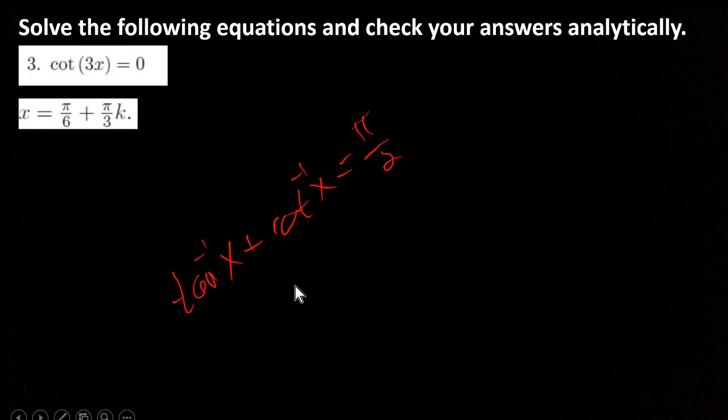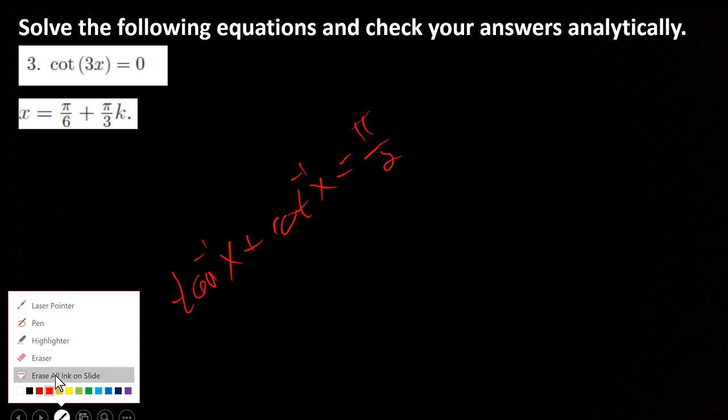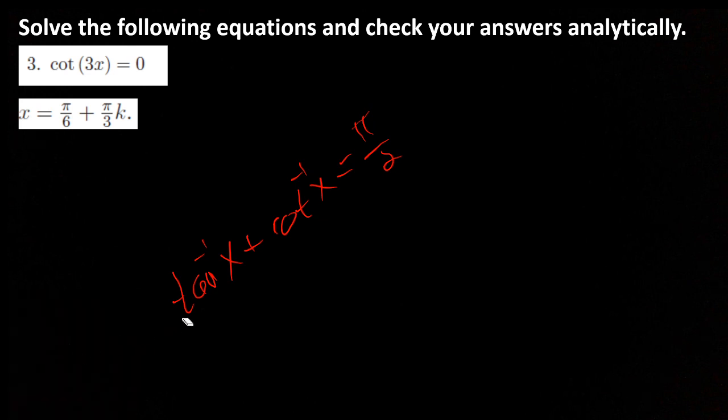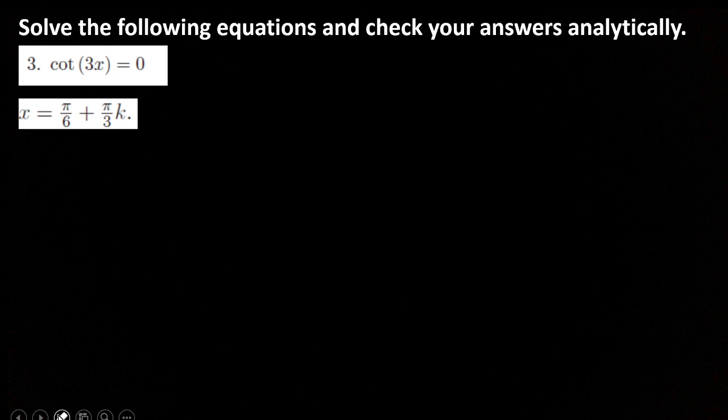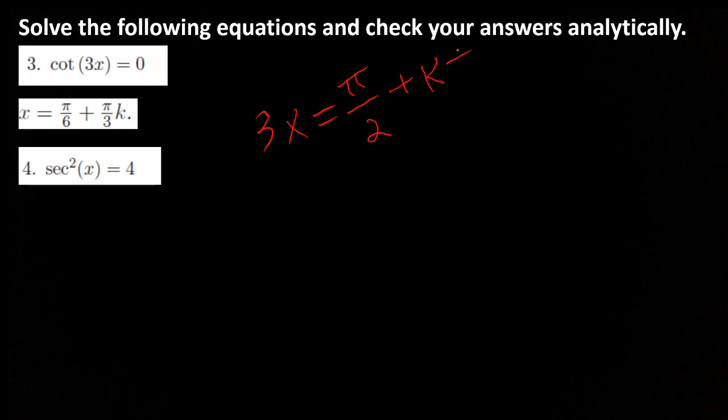Now in one period of cotangent, that's the only angle whose cotangent is 0. So we're going to write 3x equals pi over 2 plus k pi, right?